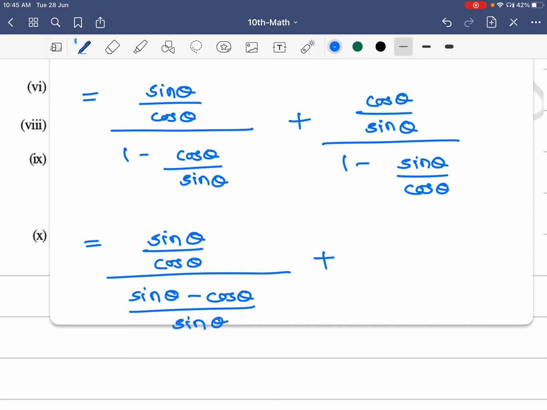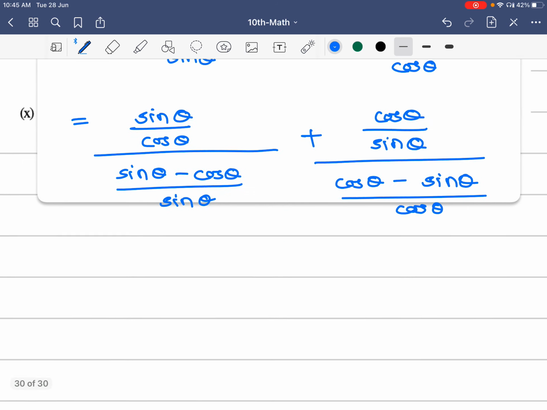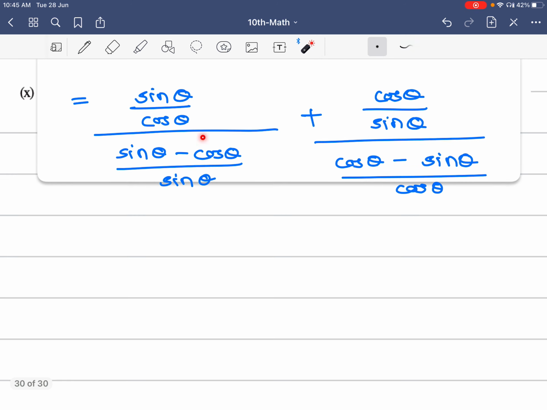Okay, plus again the numerator we keep as it is, so cos theta upon sin theta, and the denominator is going to be cos theta minus sin theta the whole upon cos theta. Okay, so yes, this is the expression that we have got. A little bit complicated, but don't worry, a lot of terms will get cancelled out. So let's see what happens.